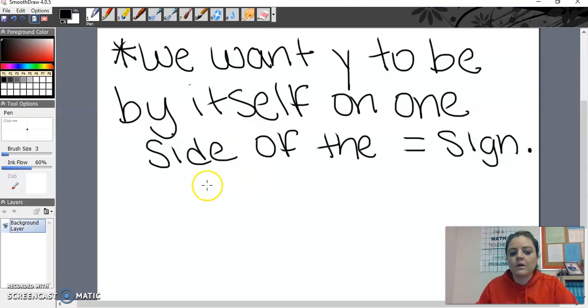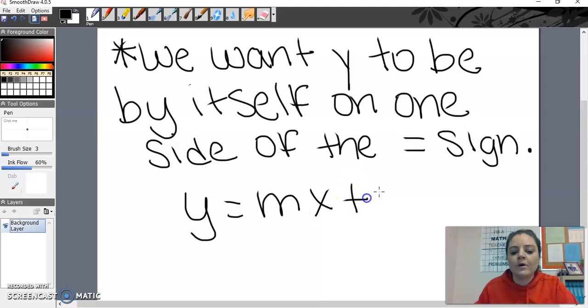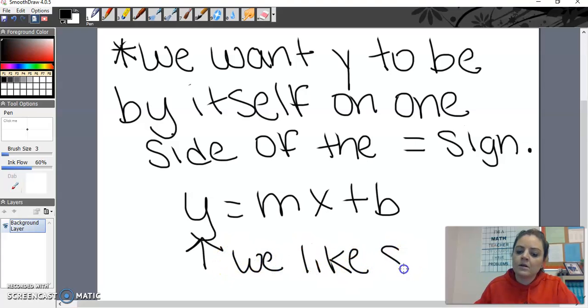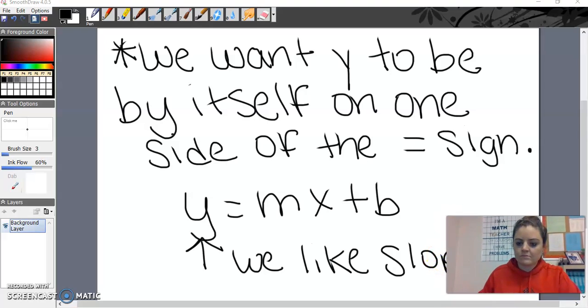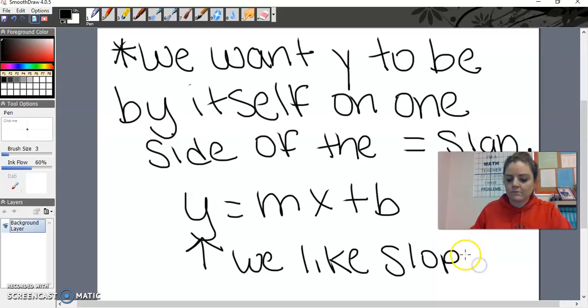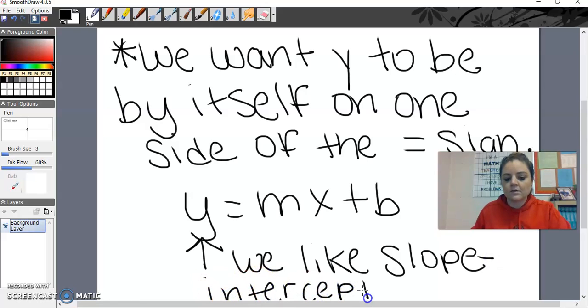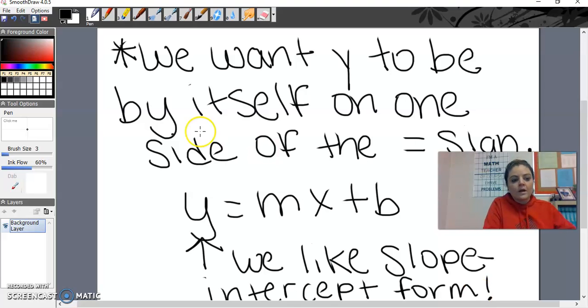This is important. We want our equations to be in the form of y equals mx plus b. We like slope intercept form. Okay.